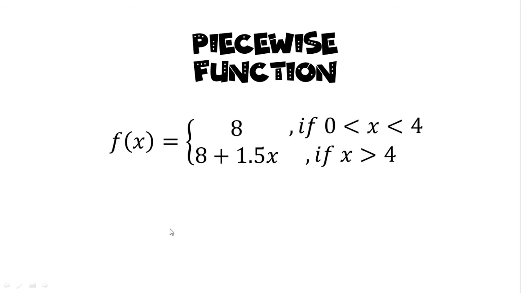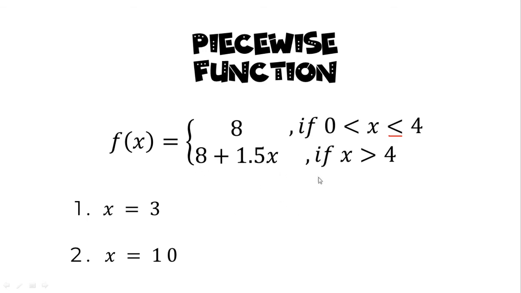Ngayon, kung isasolve natin, halimbawa, number 1, x is equal to 3. So, ang gagawin lang ninyo is i-analyze lang ninyo yung given. Kapag yung given ay nag-match or pasok dito sa first function, itong first function na gagamitin natin. Kapag pasok naman siya dito sa ating range, dito sa ating pangalawang function, so ito yung gagamitin natin.